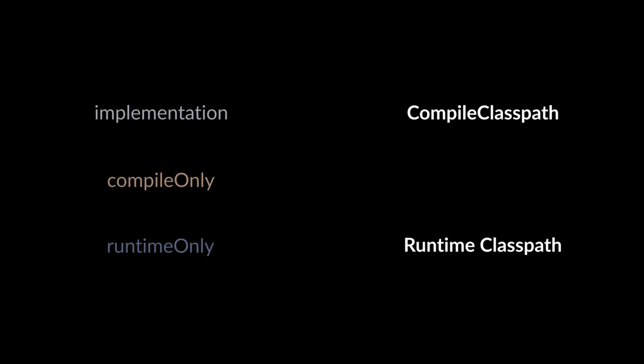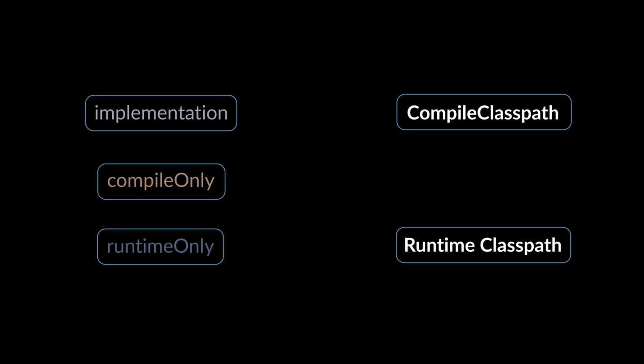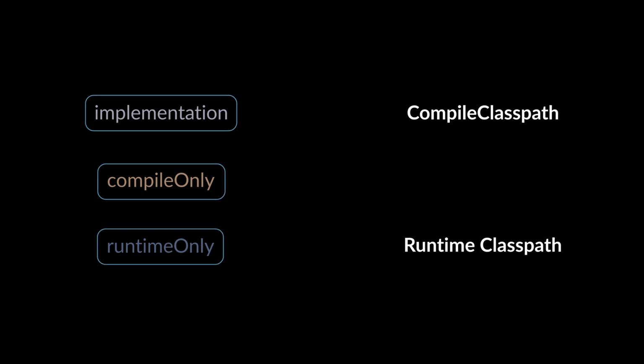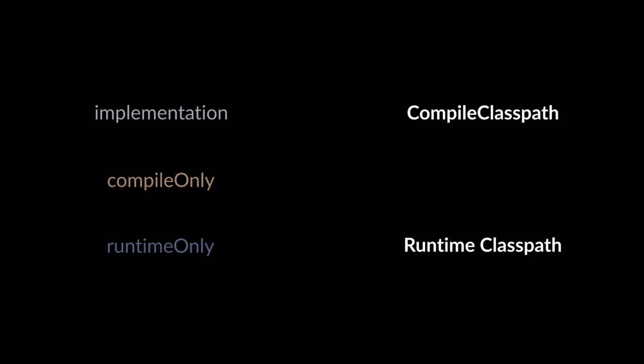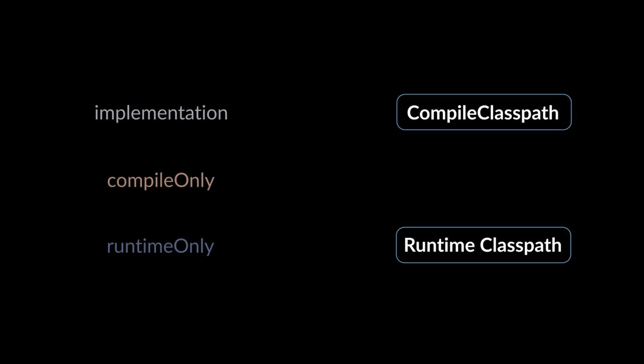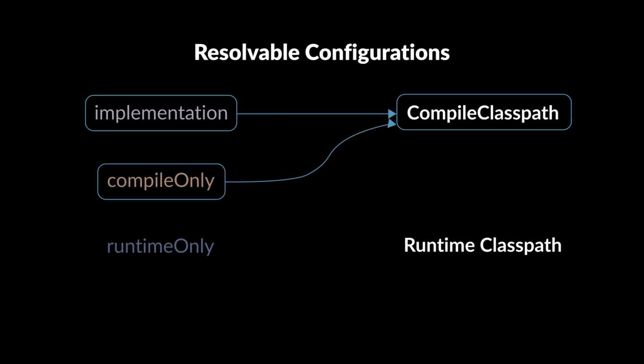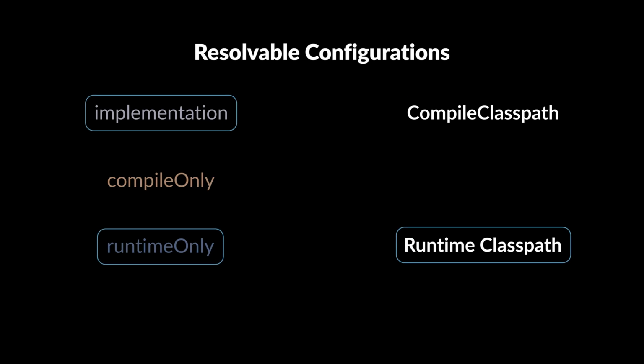In Gradle terminology, all of these groups of dependencies are called dependency configurations. The configurations used to declare dependencies in build files are called declarable dependency configurations, or just declarable configurations. The configurations that are resolved into artifacts, such as jar files, are called resolvable configurations. Each resolvable configuration extends from a different combination of declarable configurations.